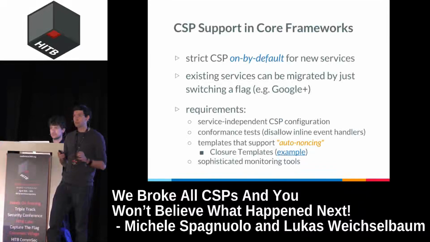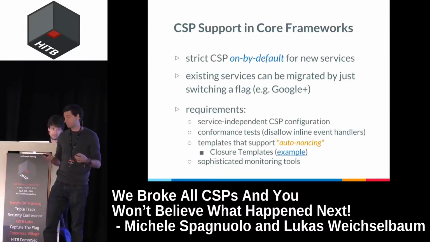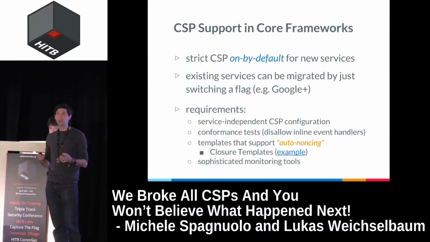So there's a couple of requirements that need to be met to actually roll out CSP at that scale. And we wanted to share these with you. Maybe that's also useful if you want to roll out CSP at your company or privately. What really helped us a lot is baking strict CSP into the core frameworks, so that all new services built on the core frameworks will have it by default without the developer having to do anything.